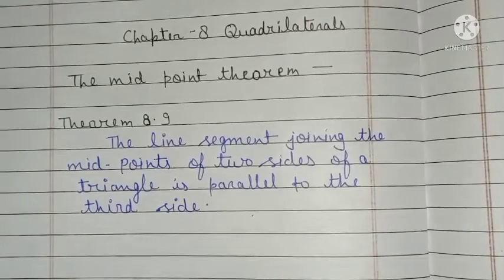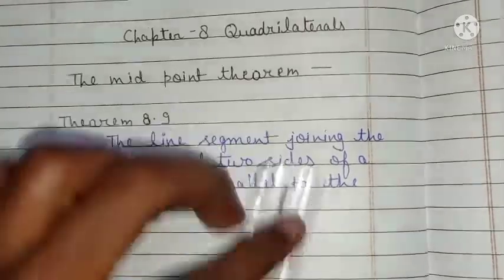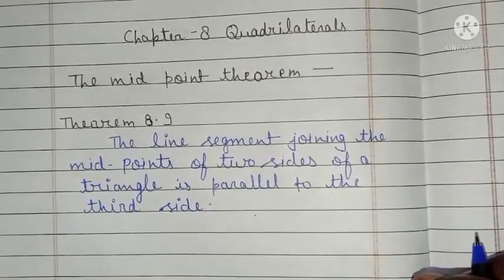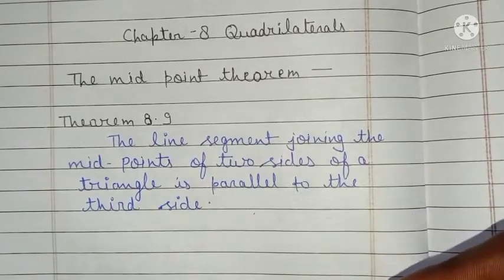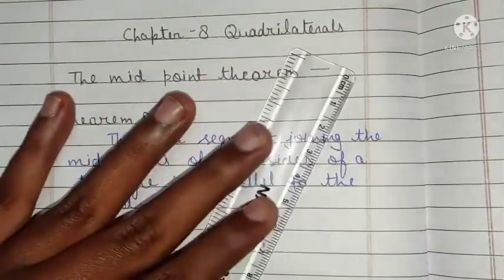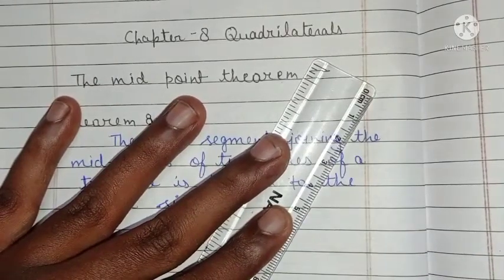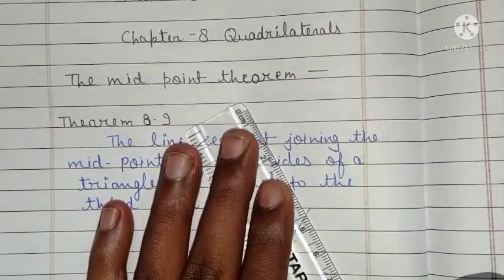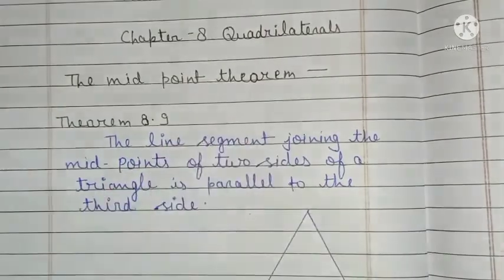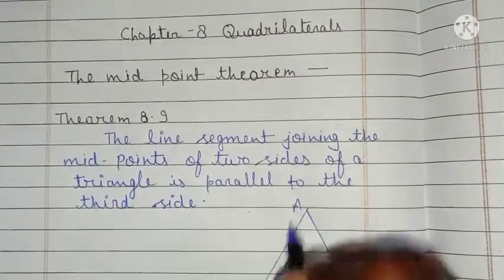So we have a triangle. Let's draw a triangle ABC.